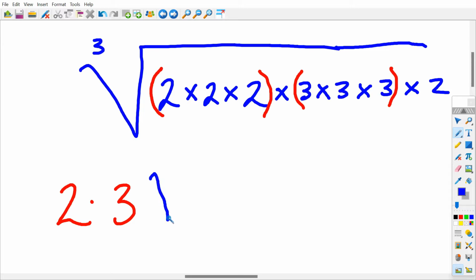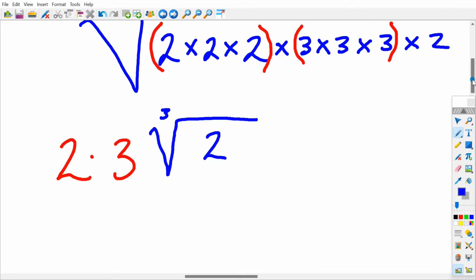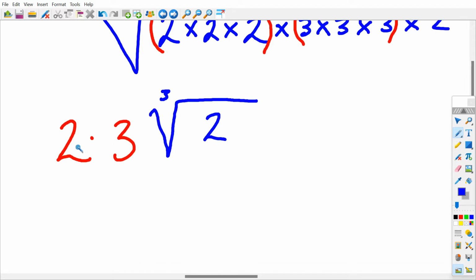And then what we have left under our radical sign is just this lone 2 here. So then, this is why we chose this question, I pulled 2 of them out, I actually multiply those together to get 6, and then we're leaving the cube root of 2 there as well.